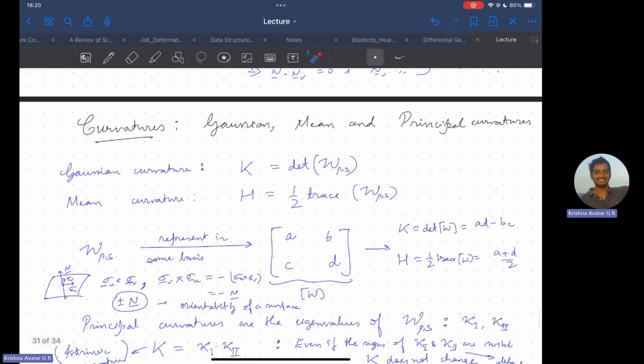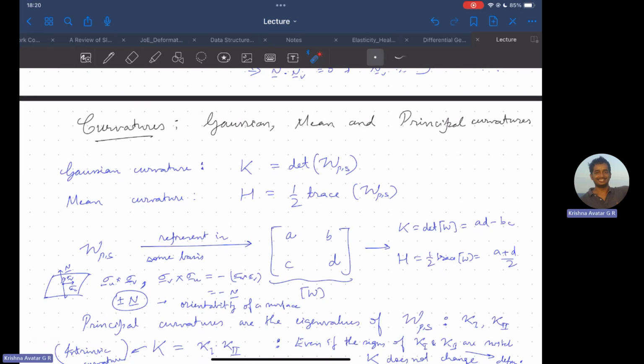Right? So let's define the Gaussian, mean and principal curvatures. So Gaussian curvature is the determinant of the shape operator, and mean curvature is the average or the trace or half of the trace. It's the half of the trace of the shape operator.